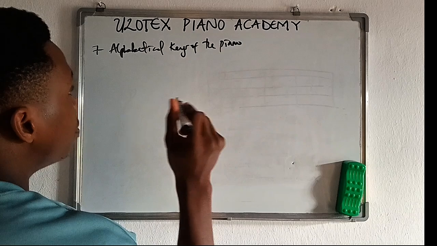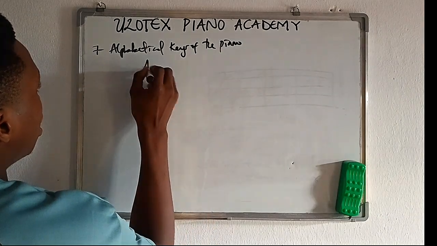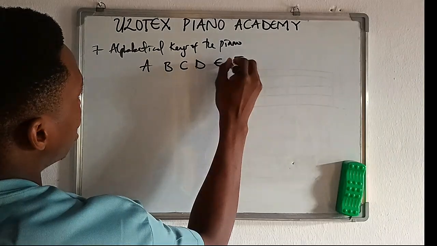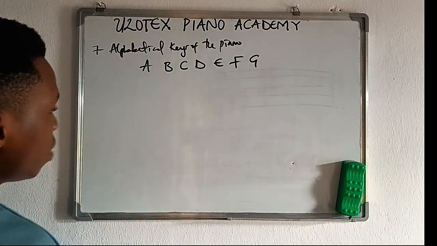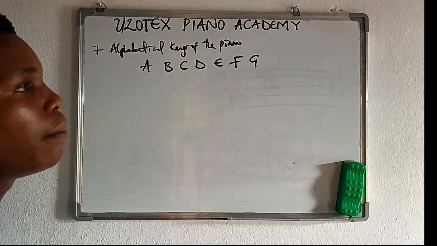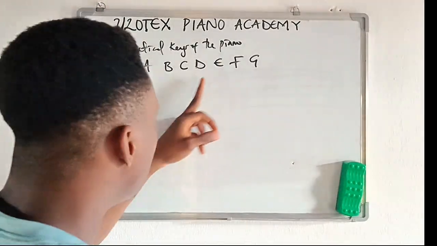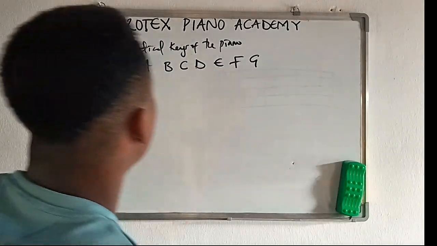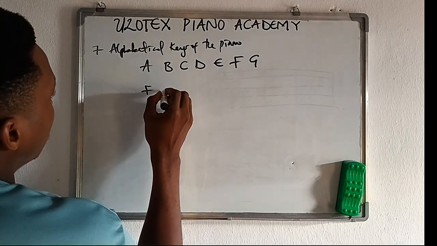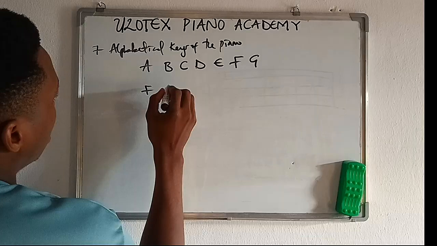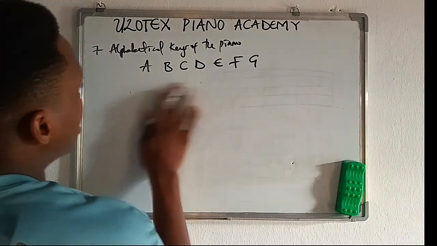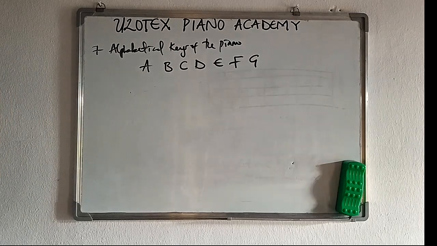If we put it down, then we have A, B, C, D, E, F, and G. Now, there's another thing that is still derived from here, but it goes this way.